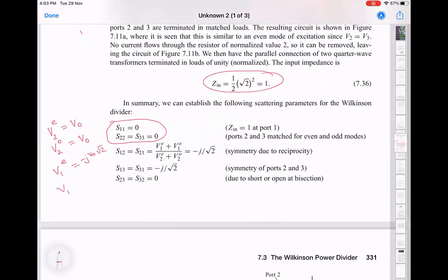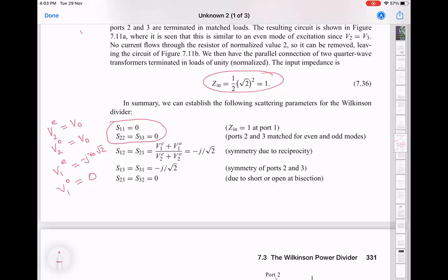And V1 odd is 0. And remember that here, because everything is being matched, there are no incident reflected waves. There's only waves going in one direction. So the S parameter is just the ratio of those voltages at that particular point.